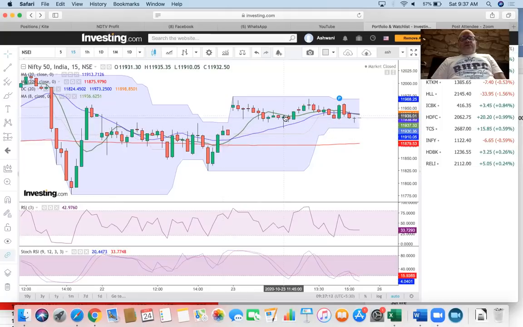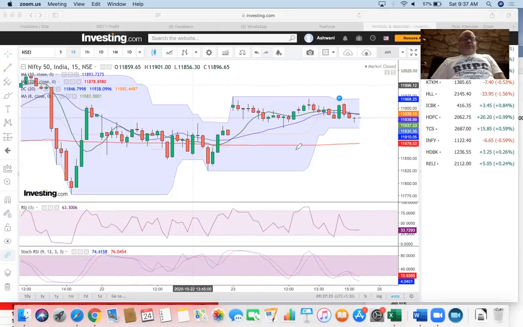Immediately you started to see this sort of hammer pattern. This is a rejection pattern. Now this one here has rejected this price level.